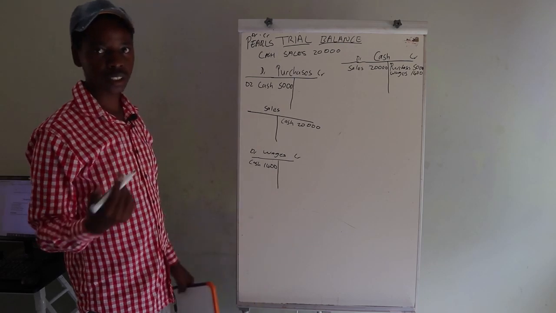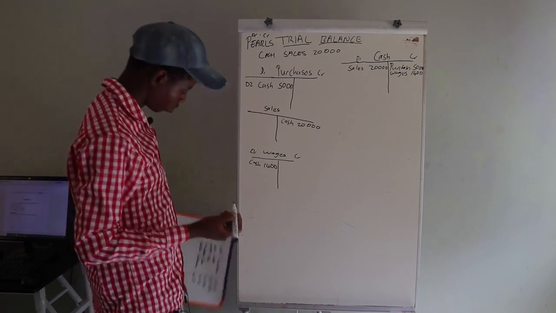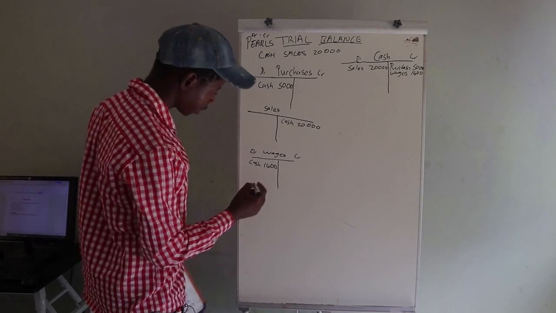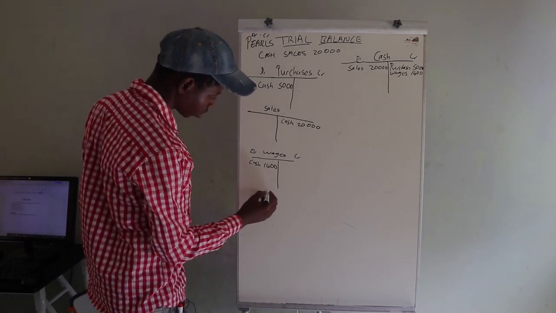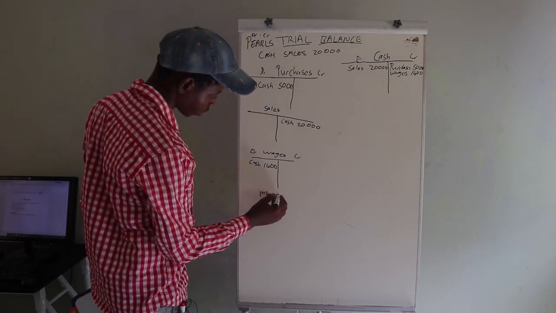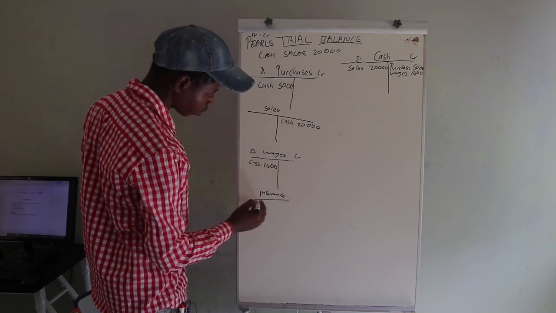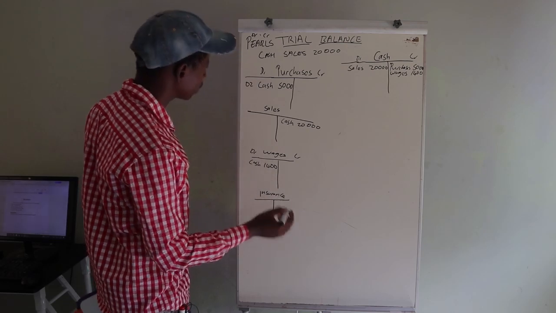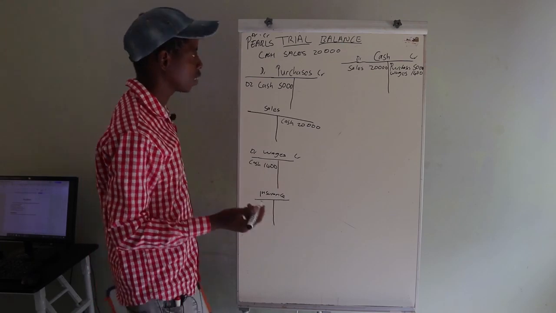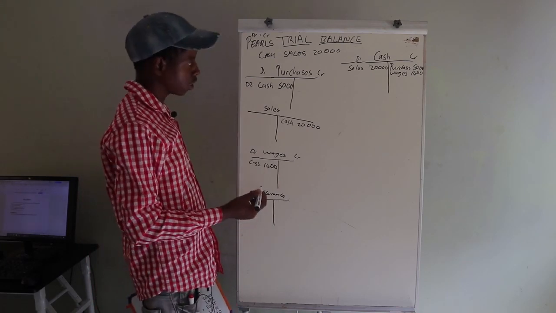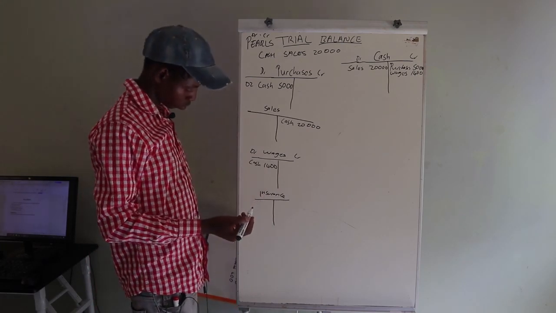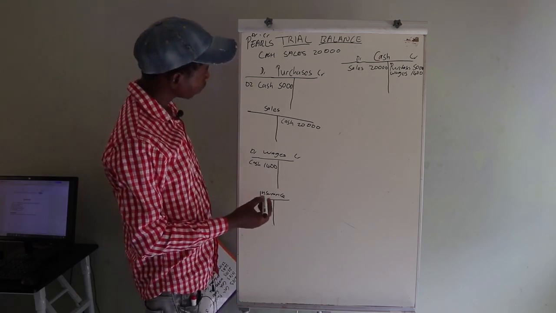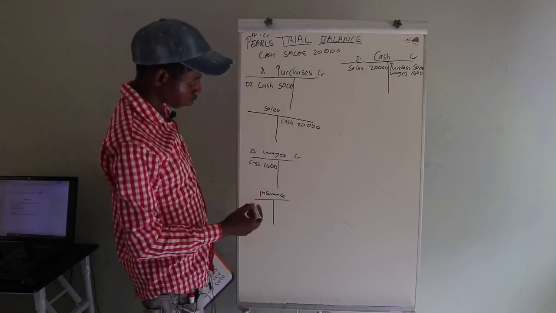Insurance, paid insurance by cash, 1.6. Insurance. Cash is being reduced. Remember, insurance is an expense, right? We are spending money on the insurance, right? 1.6. It means it is an expense, it's going to be debited.